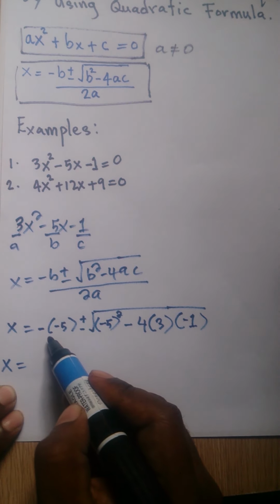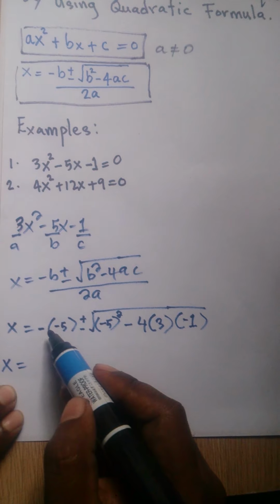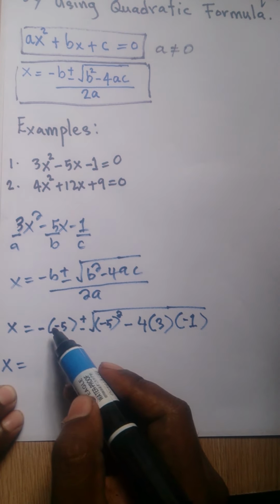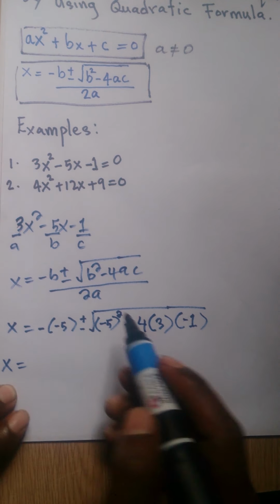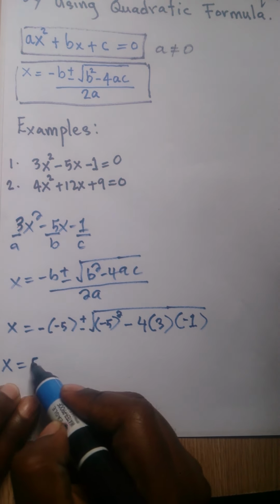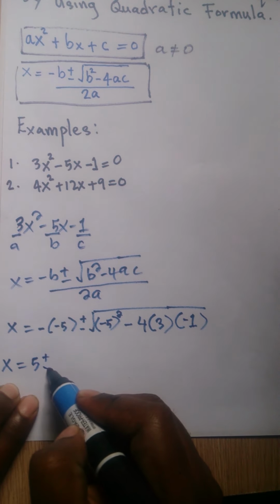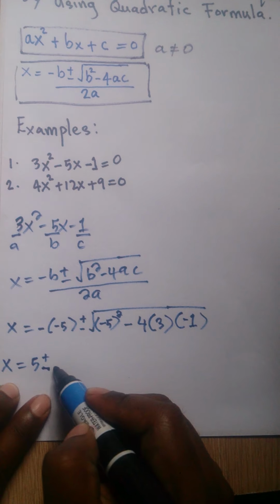Negative times negative 5 is positive, so we have a positive 5 here, plus or minus the square root.